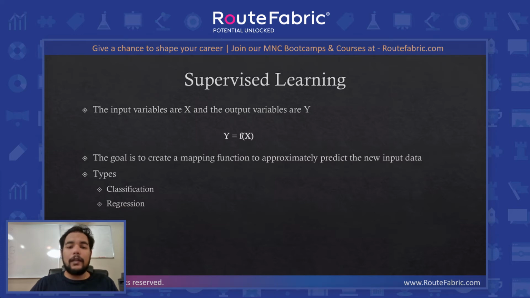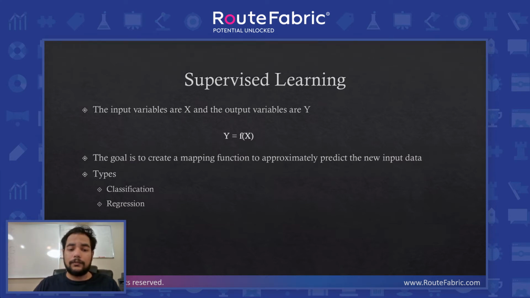So once the training is done, a fresh set of data is given to the supervised machine learning model and is expected to predict the Y from the X. There are two types in supervised learning. One is classification, which is for categorical data, and the other is regression for quantitative data.